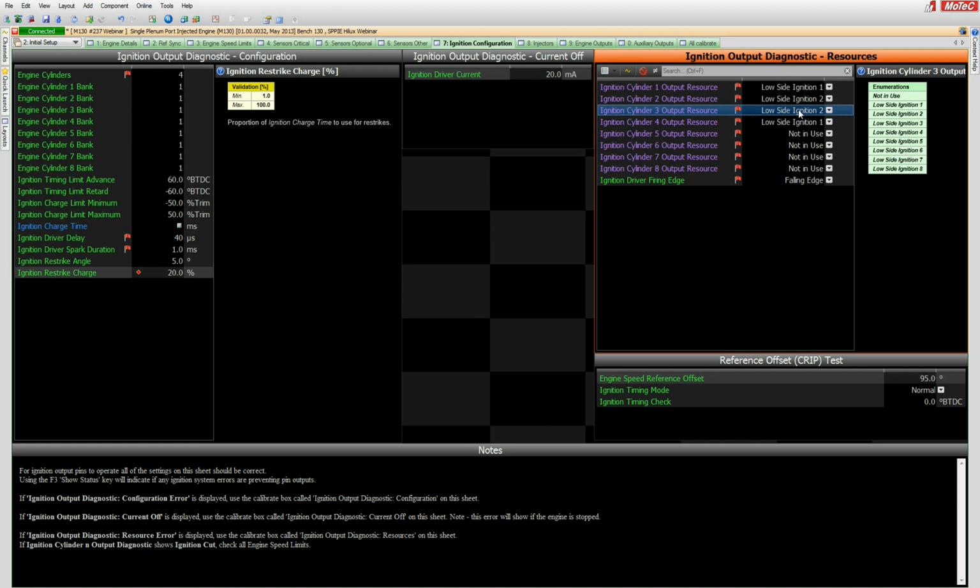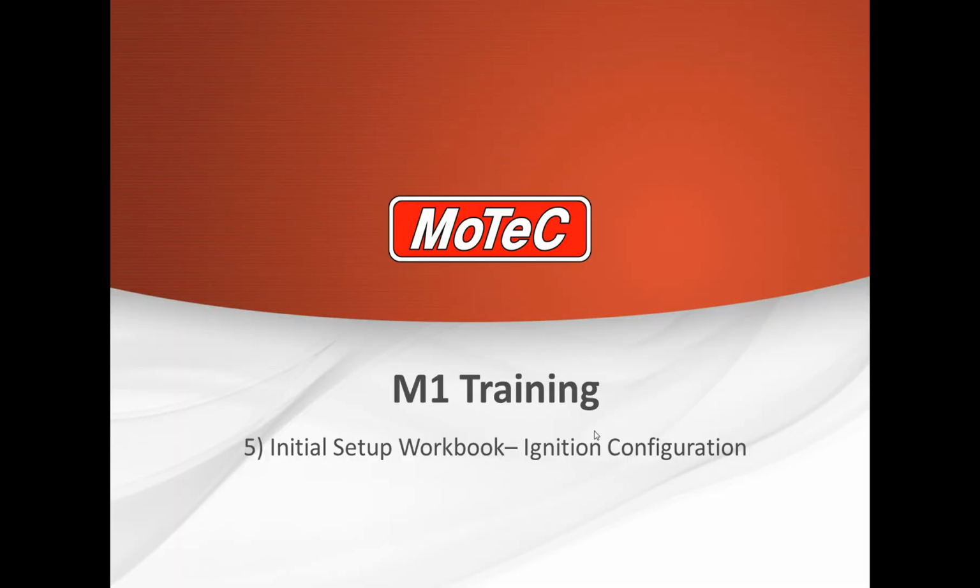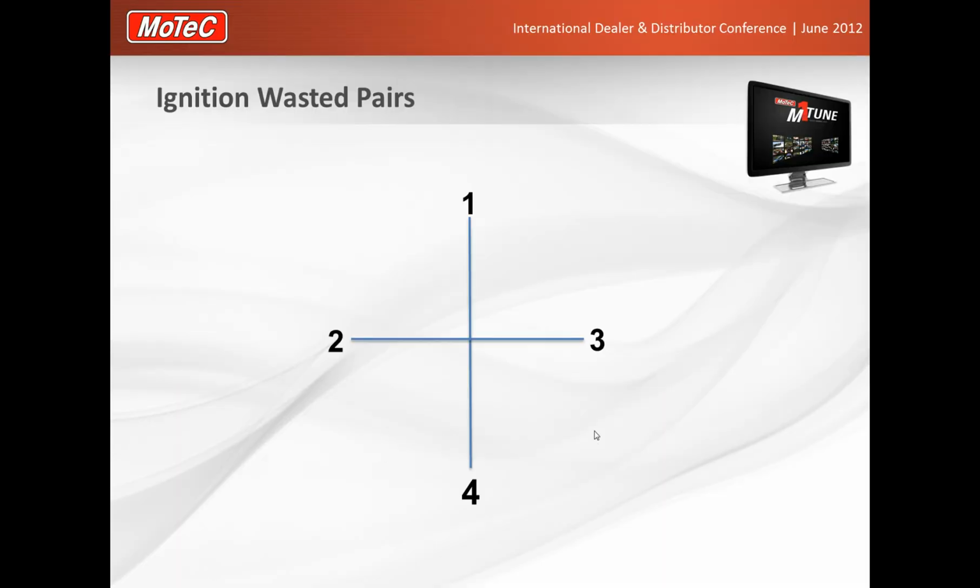Now if you're not really sure which ones you have to connect to which, I'll just show you a little trick I got shown many years ago by one of our dealers. If you need to work out which cylinders use the same resource, for a 4-cylinder you can simply draw a cross, and then in a clockwise manner simply write the firing order of that engine, and anything joined with a straight line needs to have the same cylinder resource.